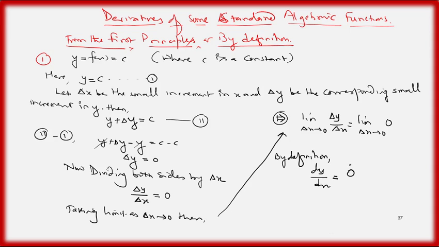In this way, therefore the derivative of constant functions is 0.